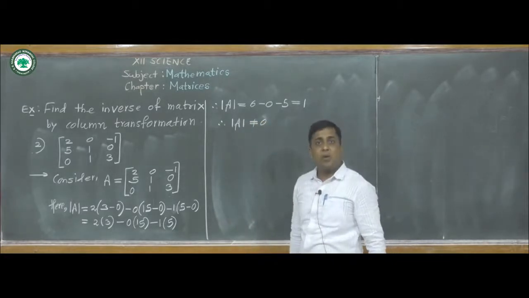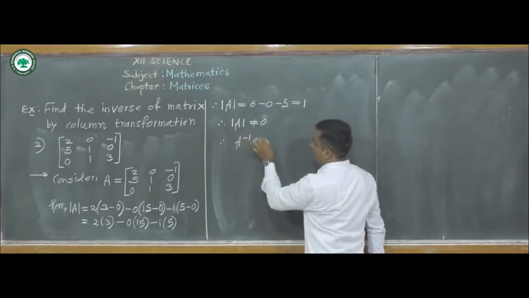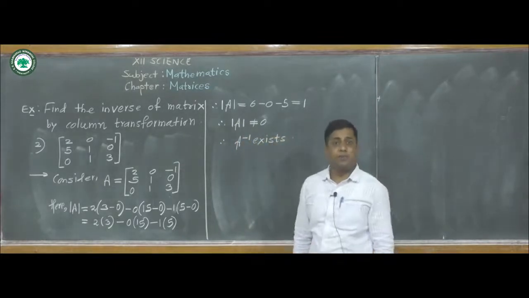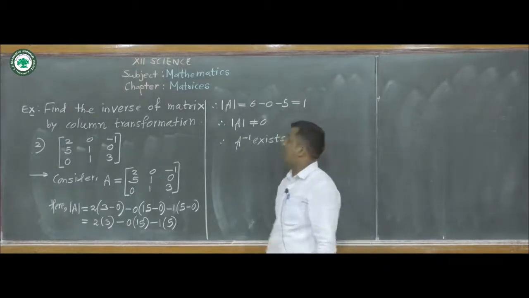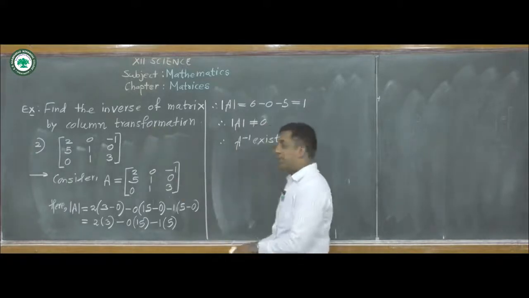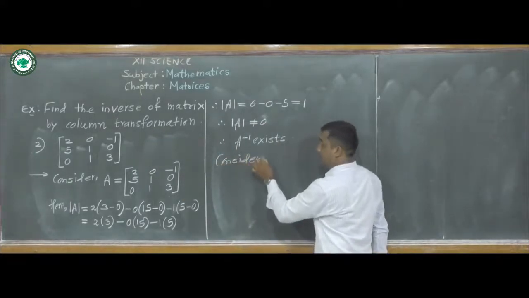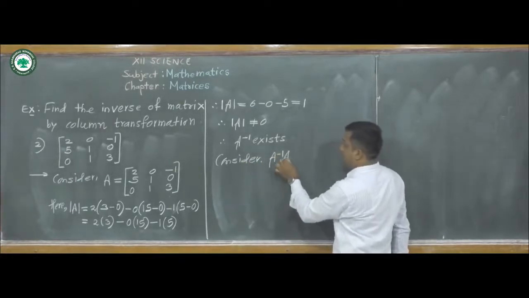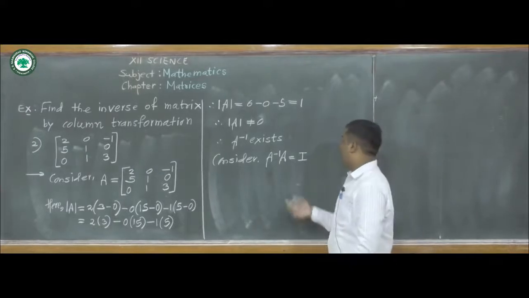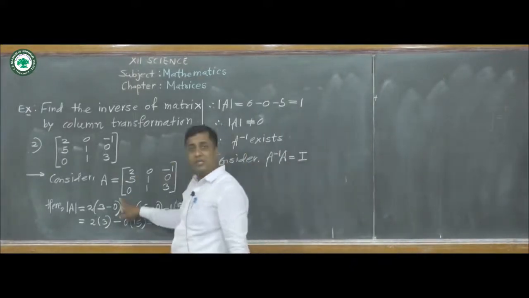If this is not equal to 0, then we say A inverse exists, that is, the inverse of the given matrix A exists. Now we have to find the inverse by using column transformation. For column transformation we consider A inverse A is equal to the identity matrix, of order 3, since A has order 3.